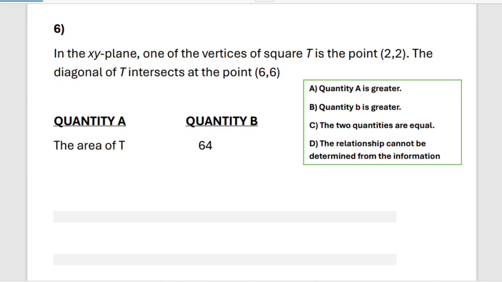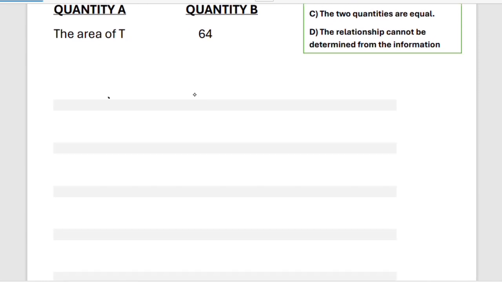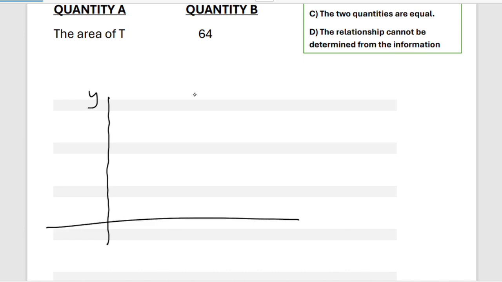Quantity A is the area of T and B is 64. They said that the square T is on the XY plane and it has one of its points at 2,2, and the diagonals intersect at point 6,6. So let's draw this out. This is your XY plane, this is your Y, and this is your X. And this is the square T. This is the diagonal, and this is the diagonal.